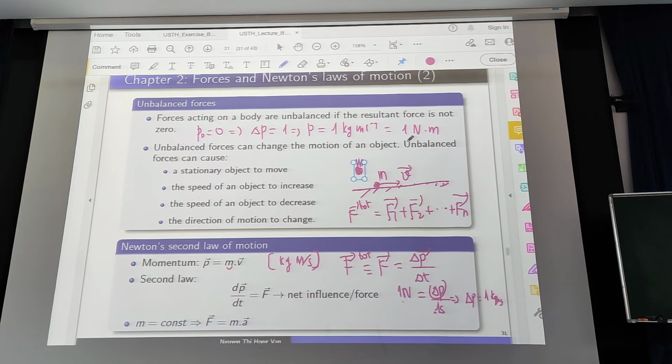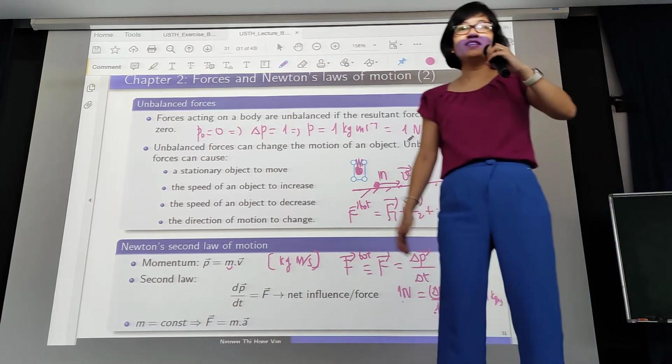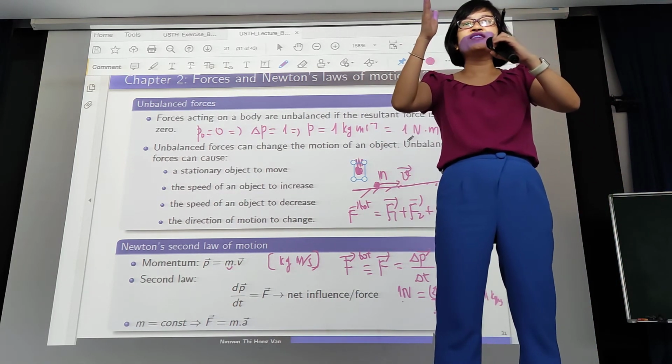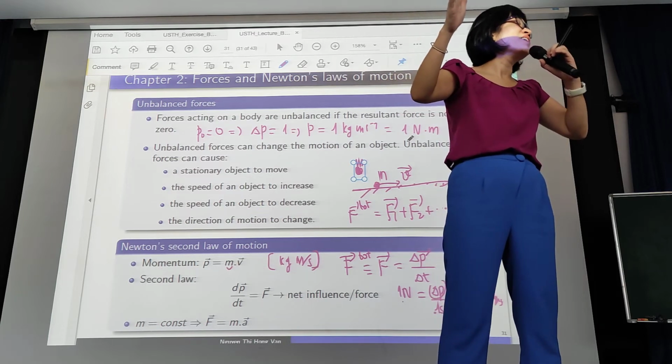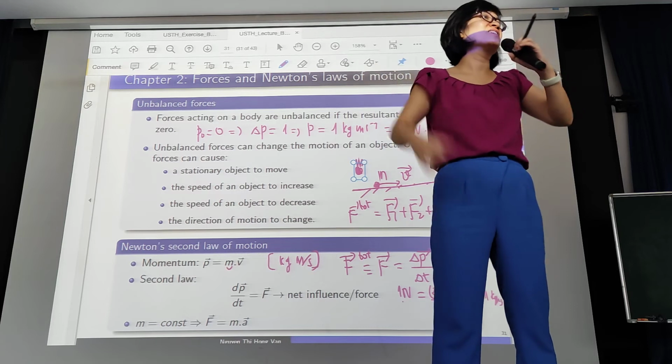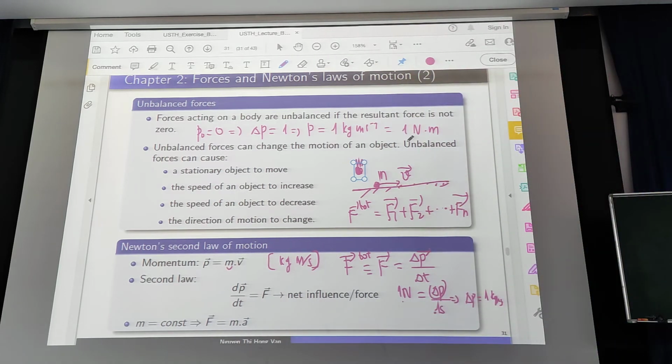When you change the momentum, you change the speed or the velocity. So the velocity changes fast. Which quantity is it? Acceleration. Very good. So force is proportional to acceleration. If the force is big, the acceleration is big, and vice versa. If the force is small, the acceleration is small.